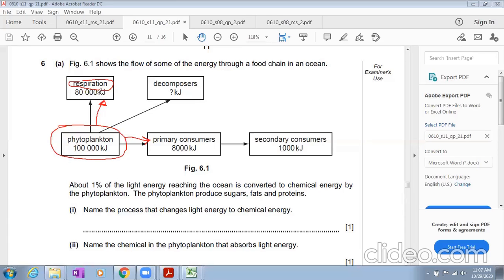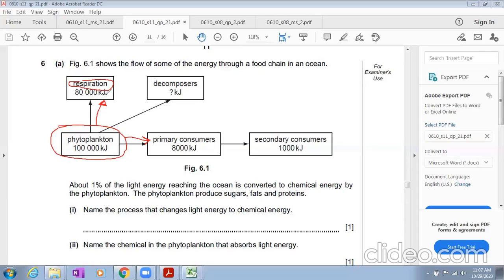So you will not write energy used in respiration. No, because in respiration energy is released. You should be clear about this word, because the marking scheme does not accept used, as this is not correct.